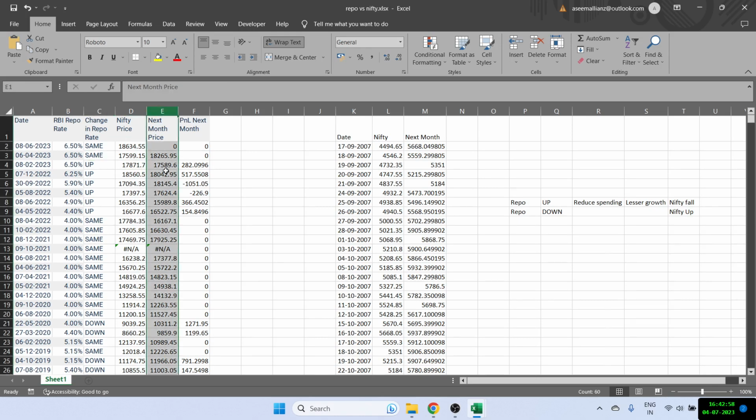Now this is the Nifty pricing after 1 month. So after 20 trading days, I have added the Nifty's price here, and you will notice that many times the trade that we're taking is actually ending up in a good profit. So for example, if you see here, repo rate went up, we sold Nifty on 8th February 2023.